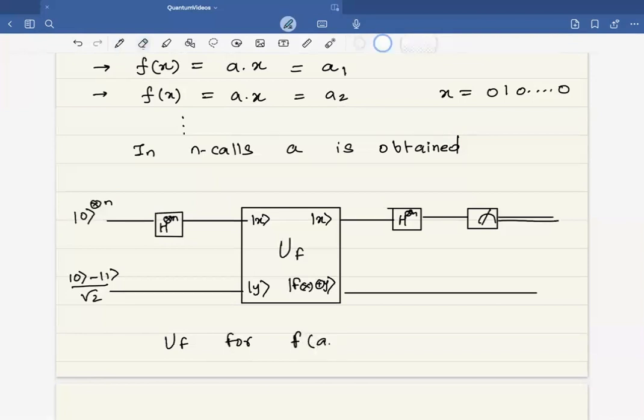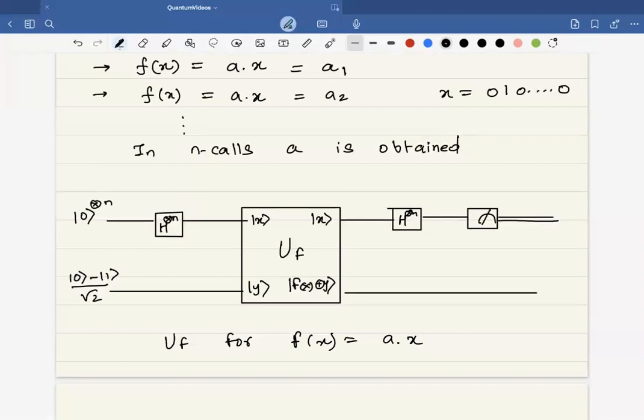But when we are looking at the complexity of this quantum algorithm, we are trying to look at the number of queries that we make to this U of f. We are not at the moment concerned about the implementation details of U of f.